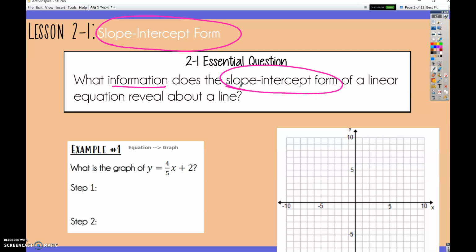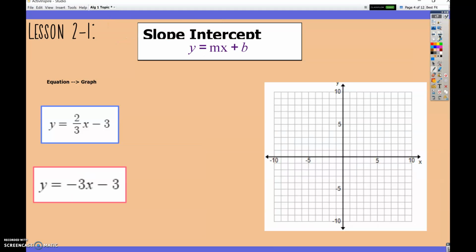Well, slope-intercept form, if I jump ahead here for a second, is the form y equals mx plus b. The m is the slope, and the b is the intercept, specifically the y-intercept. Now, you may have seen this before. The sign that goes with the b is very important.